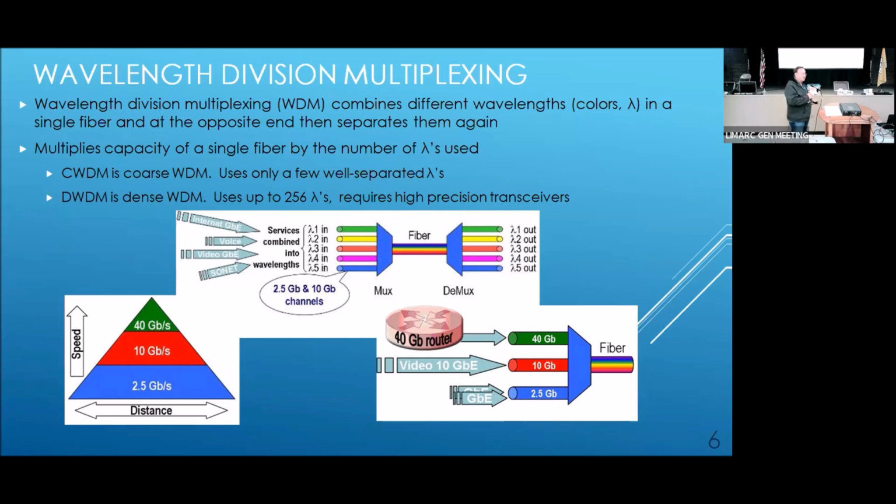The wavelengths of each transmitter have to be very carefully selected. They're very temperature sensitive, so we have the equivalent of crystal ovens for optical fiber transceivers on these types of systems. Okay, next slide.